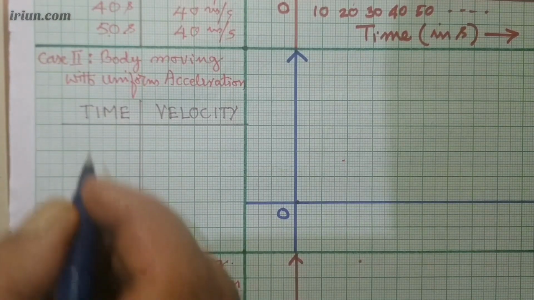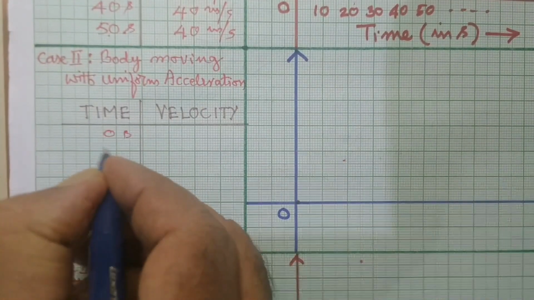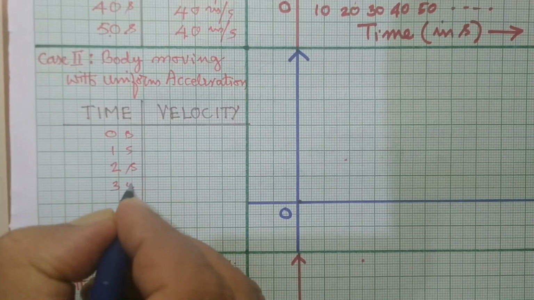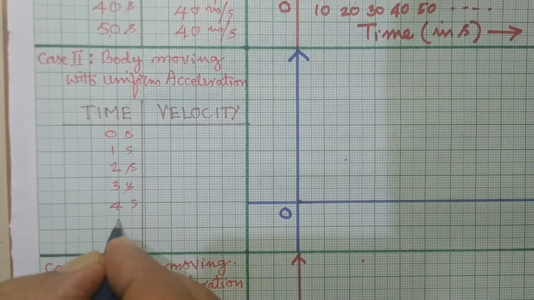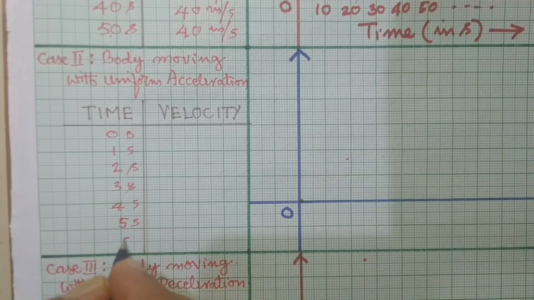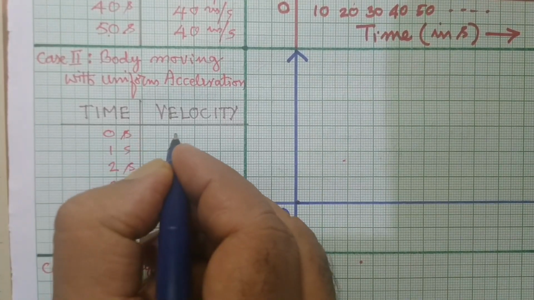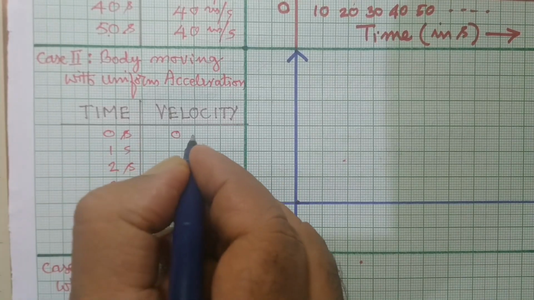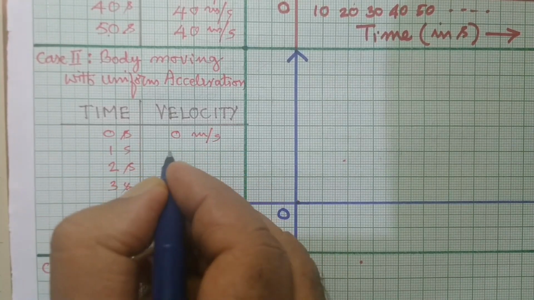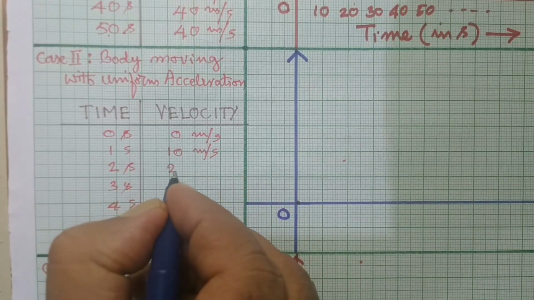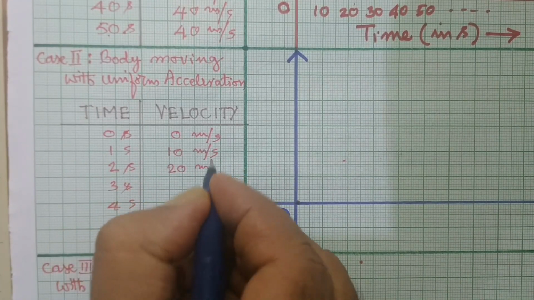As I said here, first I'll take 0 second, 1 second, 2 second, 3 second, 4 second, 5 second, 6 seconds I am taking. Now for the 0 second, we have seen that 0 meter per second. Next one is 10 meter per second. Next one is 10 plus 10, 20 meter per second.